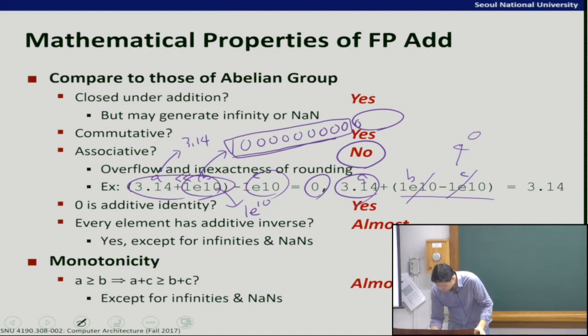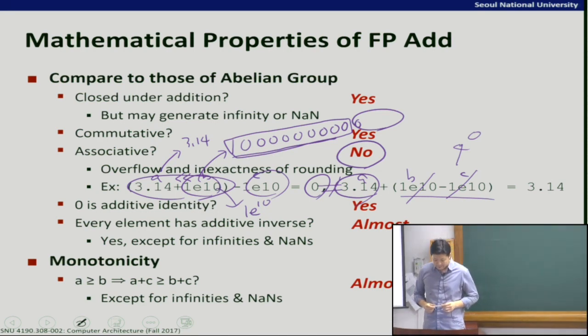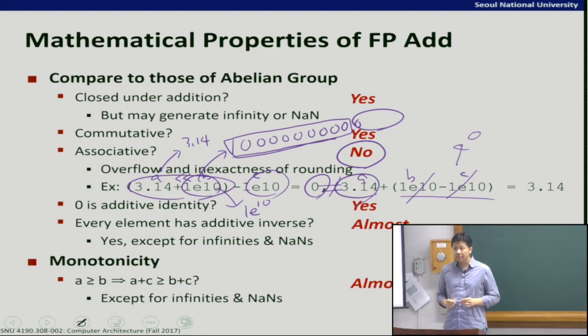So from this example, we can conclude that floating-point add is not really associative, which has important implications if you do scientific computation, right?